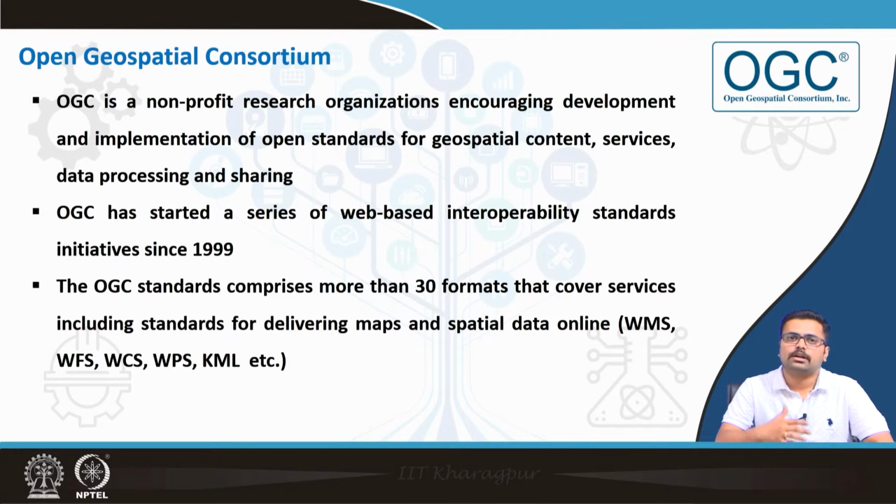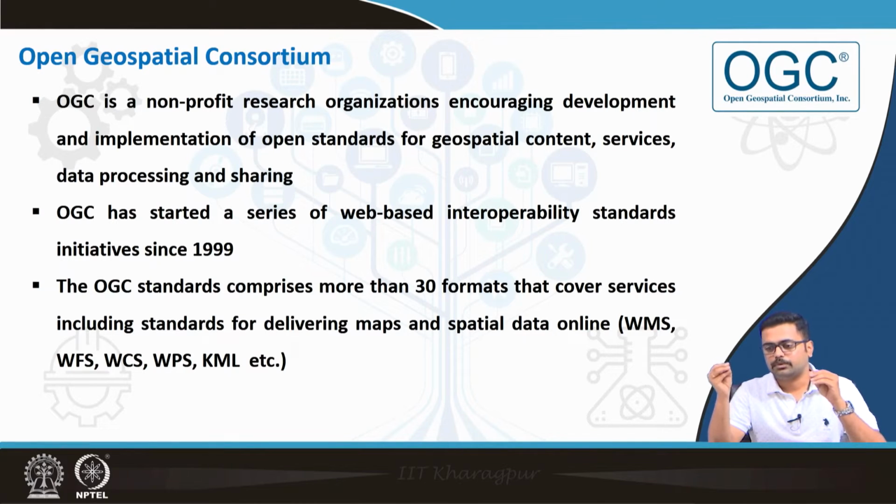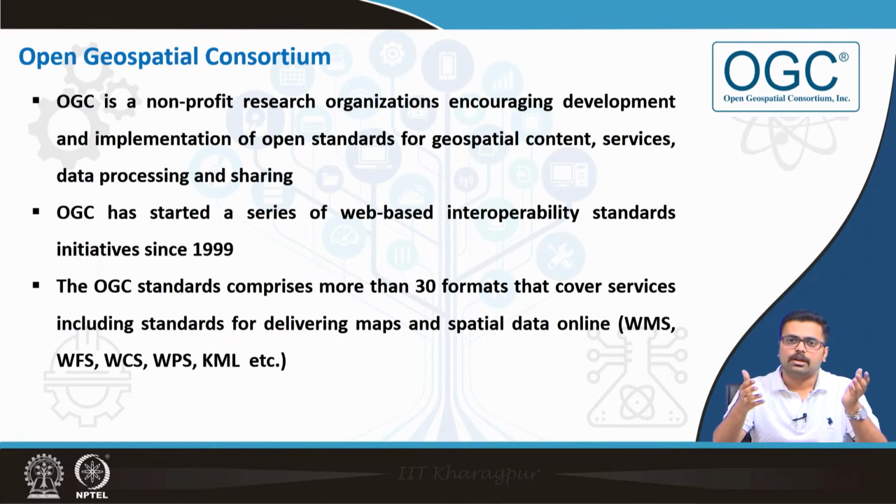So OGC started a series of web based interoperability standards, meaning to say if you are saving one particular vector data in .kml, then that can be seen anywhere with the open data sharing and also the standards. OGC standards comprise more than 30 different formats covering all kinds of vector and raster and any other kinds of maps, which basically fall in line with any of the services like WMS, WFS or WCS, etc.